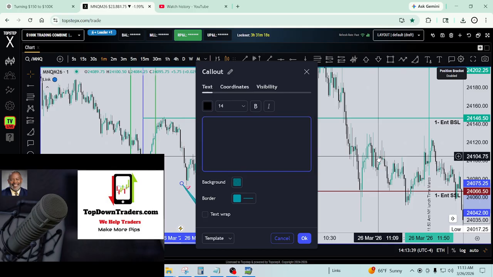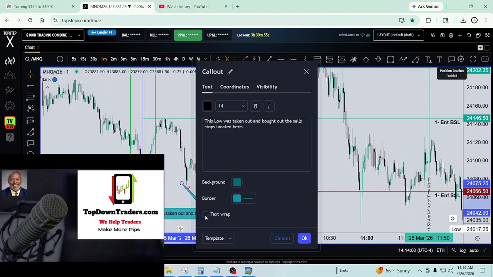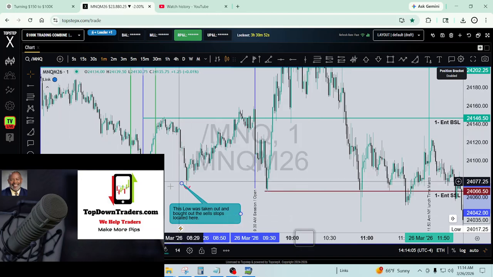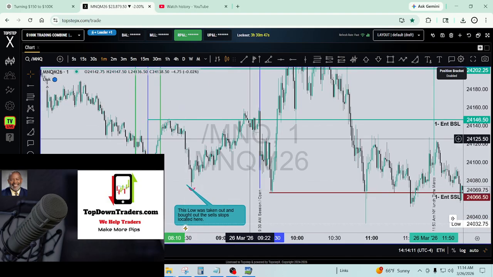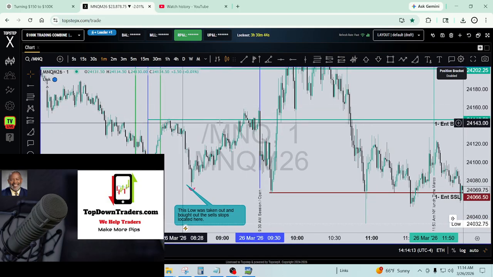This short-term low. So price took out this low, and as soon as it took out the liquidity here, it ran to these relatively equal highs here.